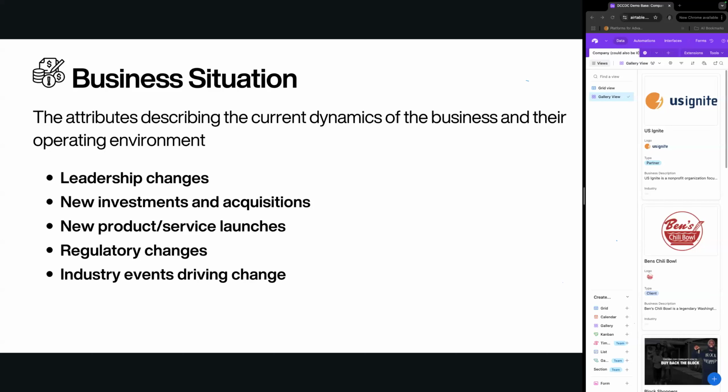Understanding the business situation helps you determine one of the most important things, and that is whether now is the right time to approach them. Because if you approach somebody or a company and they're not in a buying cycle, then they're not worth spending time with. So it's about knowing what's happening in their world and how you can create and provide value to them in that context.